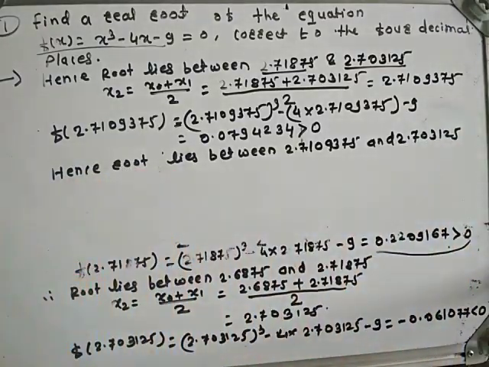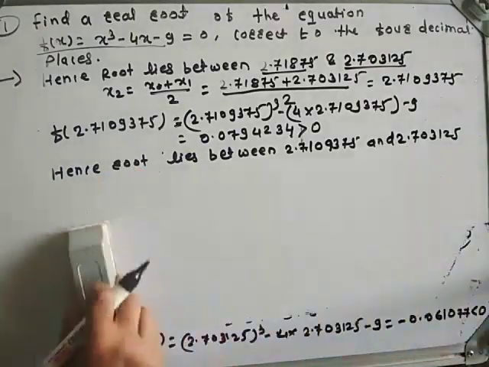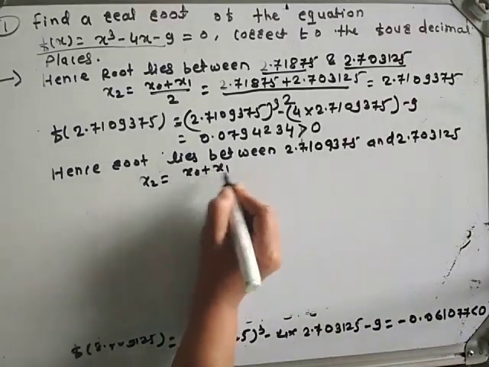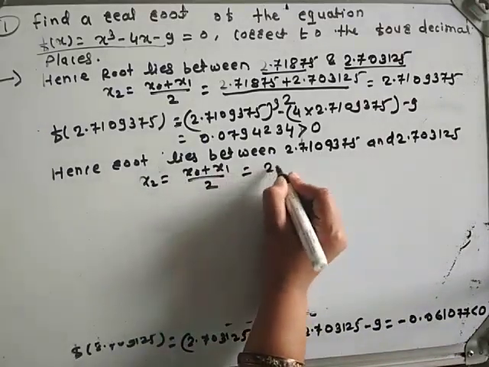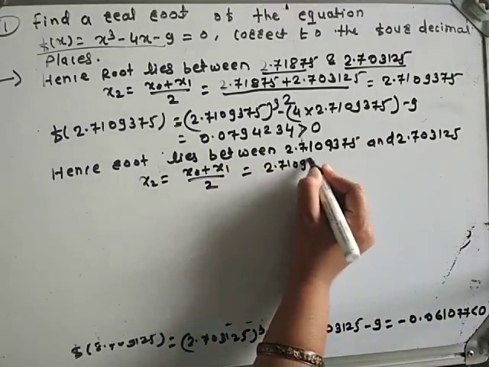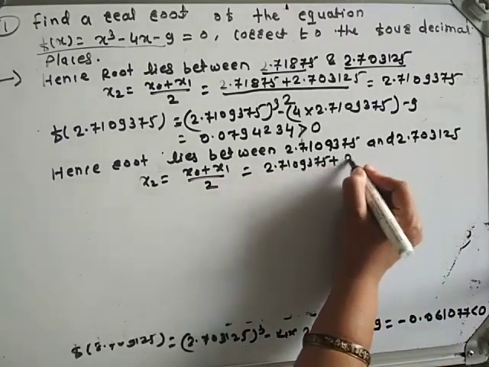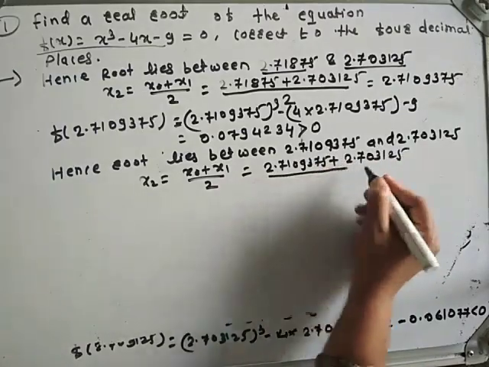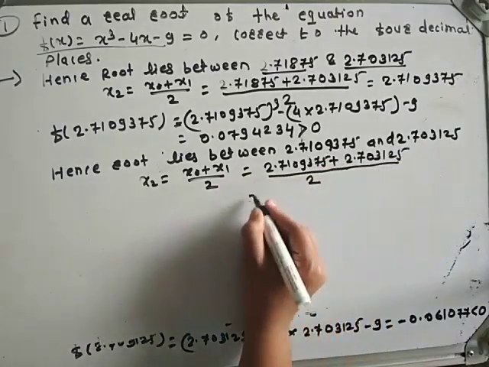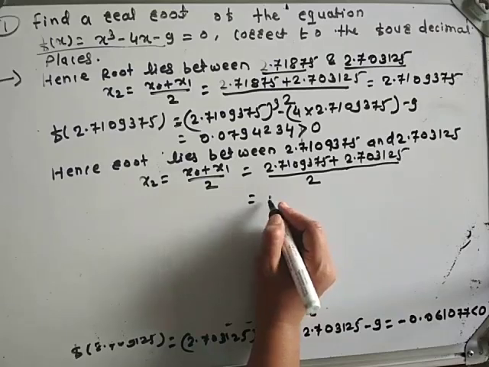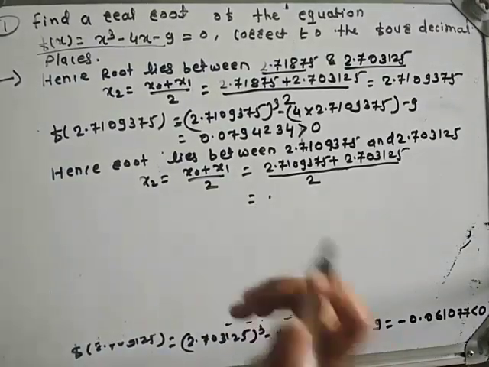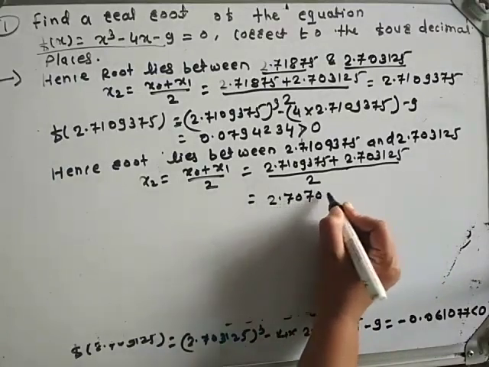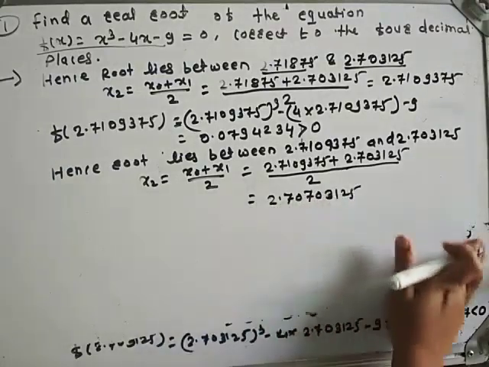Therefore, the approximate value of the root is x2, which is equal to (x0 plus x1) upon 2, which is equal to 2.7109375 plus 2.70312 upon 2, which is equal to 2.7070312.